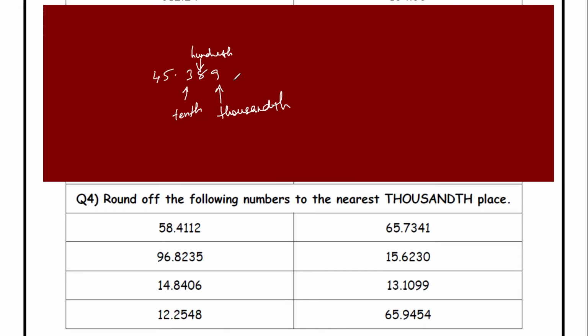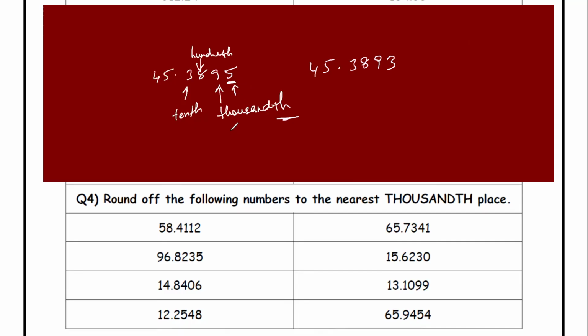But if I want to round it off, I need some number out here, like 45.3895 or 45.3893, for example. If we are rounding it off to the nearest thousandth place, we need to look at the number after that.